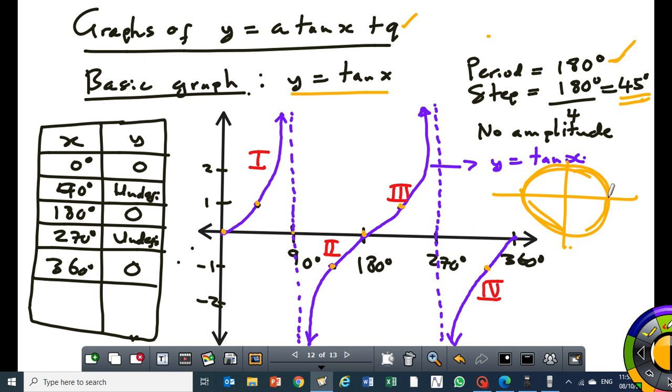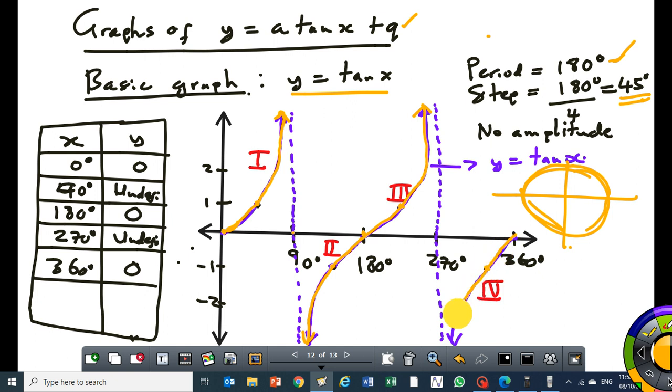Okay? So I expect you to sketch this. So we have got the first curve. Then the second one. Now this one is the full tan curve. And then this one here, because of the interval we are sketching from 0 to 360, this is just half of it. The other half is this one.